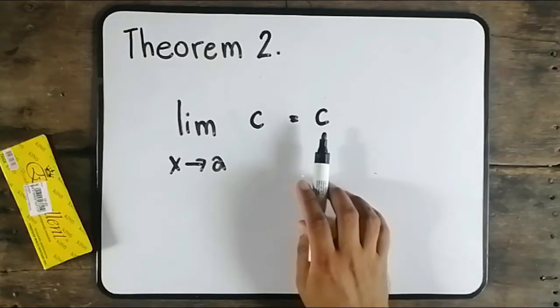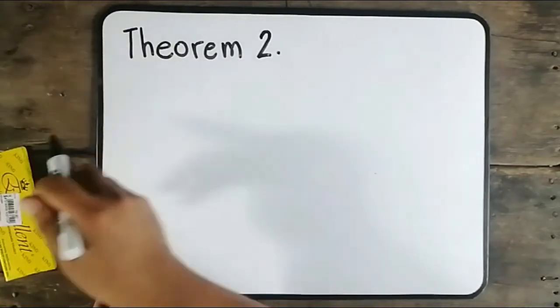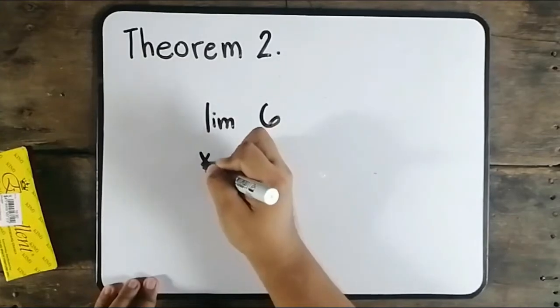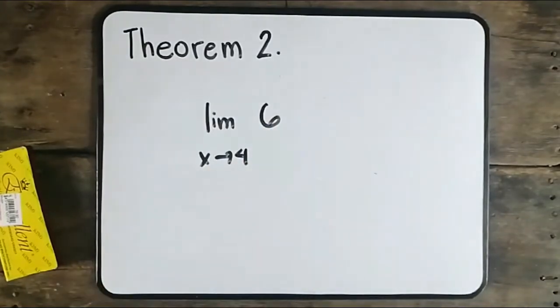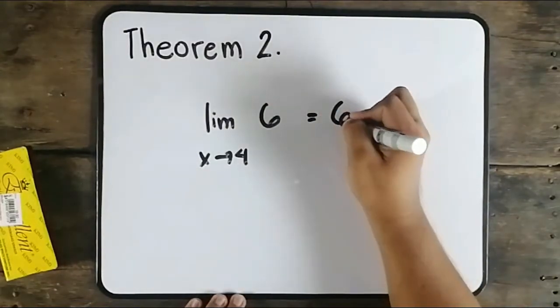So for example, the limit as x approaches 4 of 6 is equal to, so by the limit of a constant, this is equal to 6.